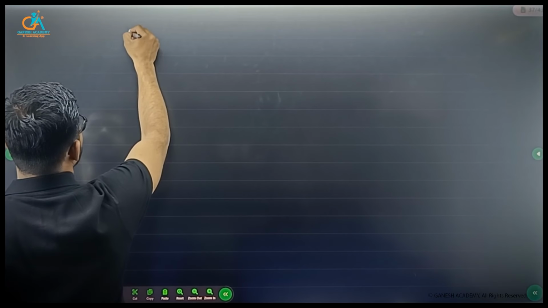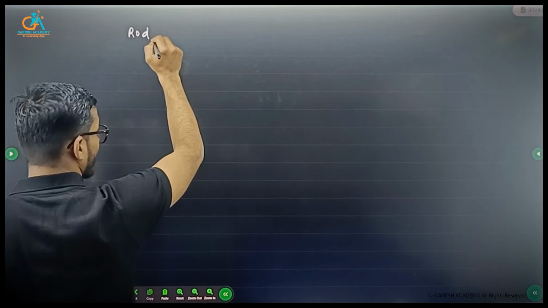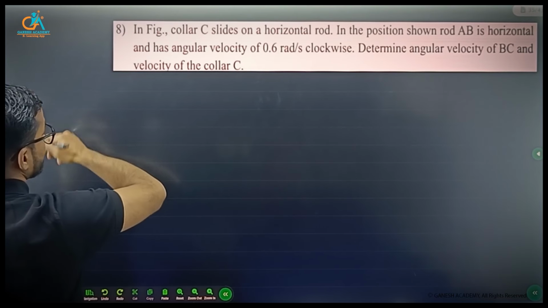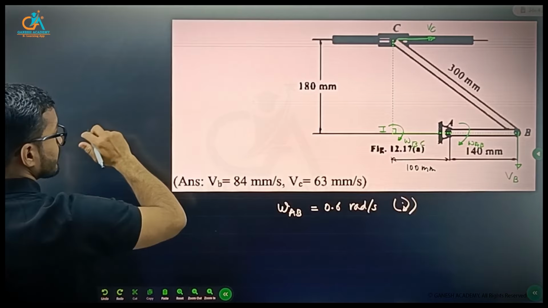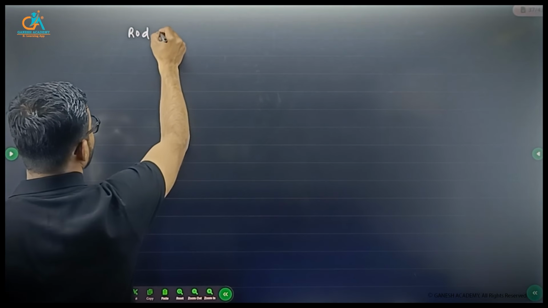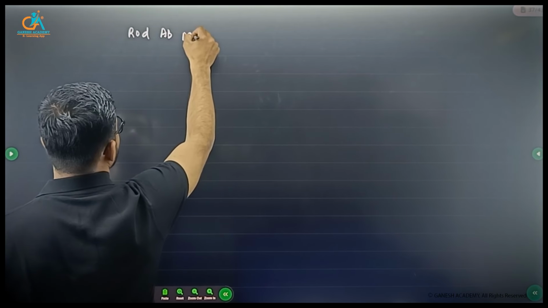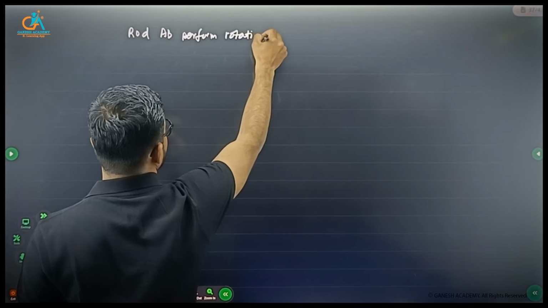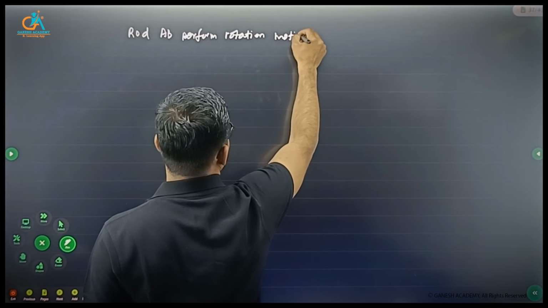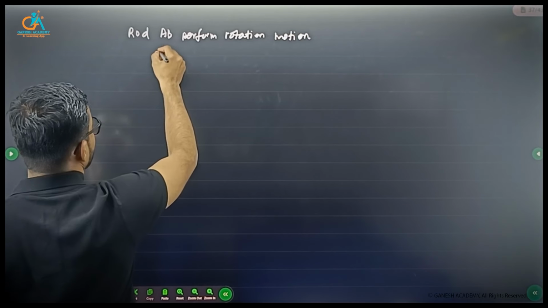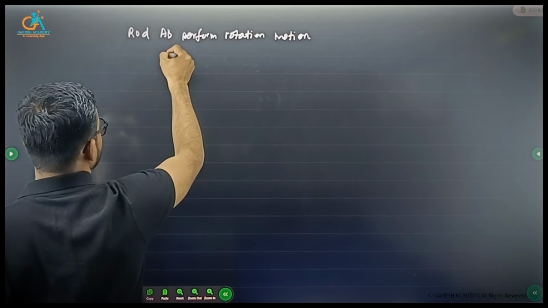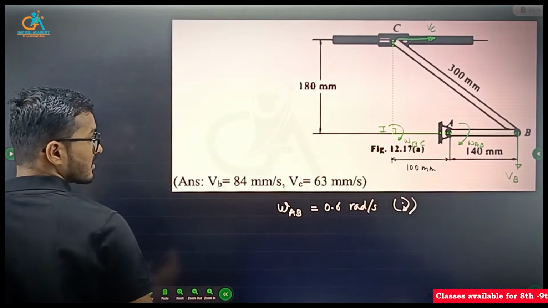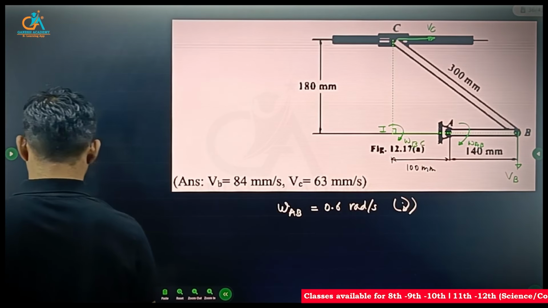So rod AB performs rotation motion and it rotates about this point A.